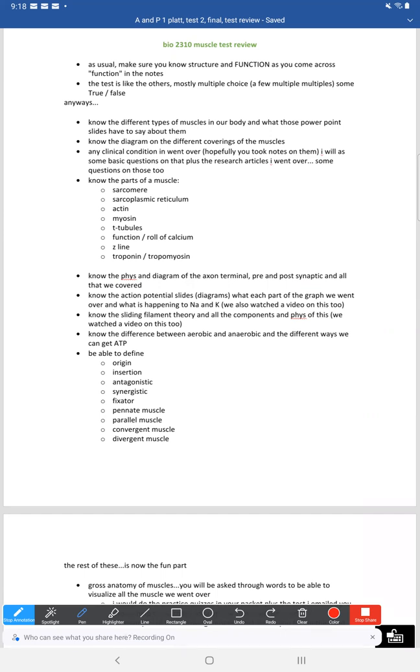All right, this bullet that says know physiology and diagram of the axon terminal, pre and post synaptic, and all that stuff that we covered. Okay, that is just that one bullet is a lot of things. Okay, so we had the nerve that came in, and at the end of the nerve was the axon terminal, or the end of the nerve, and it embedded itself within tissue.